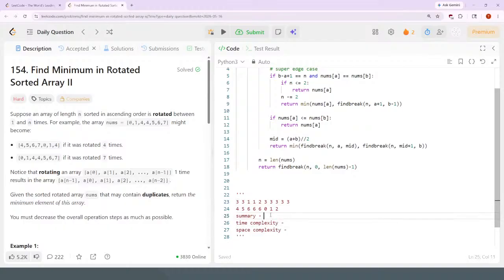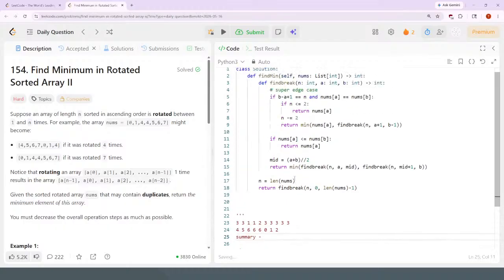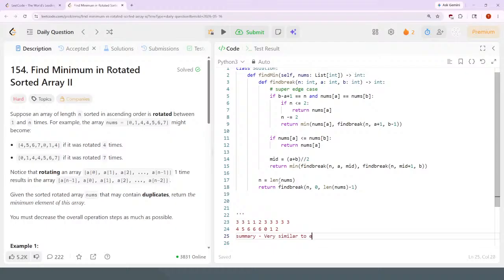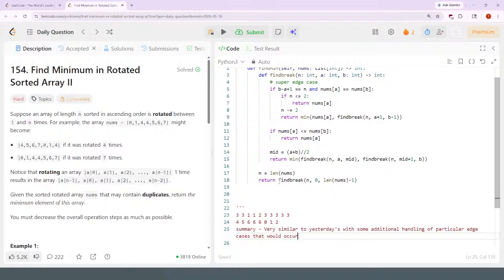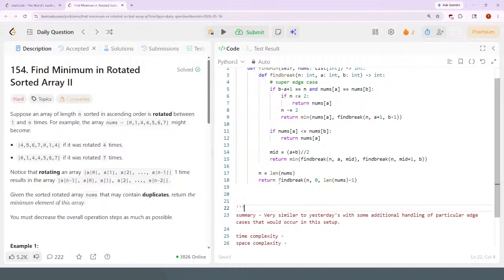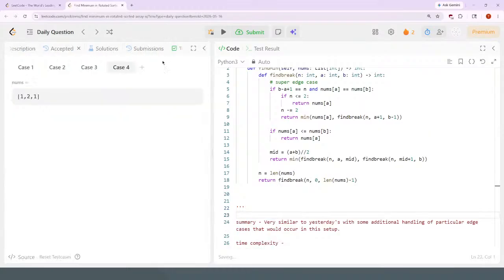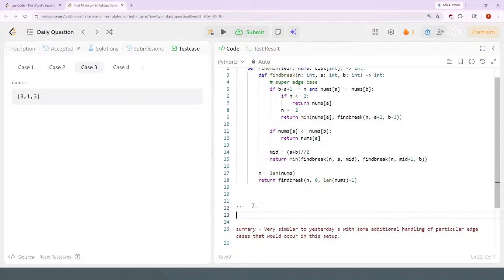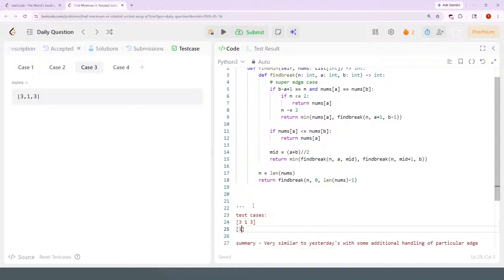Summary. What is the summary here? So very similar to yesterday's, with some additional handling of particular edge cases that would occur in this setup. So, test cases 313 and 121.